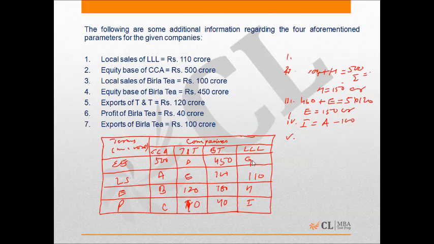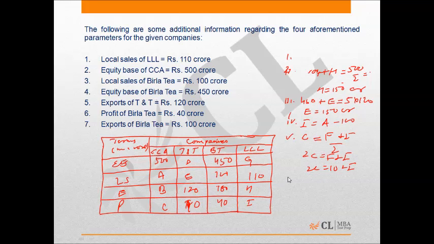Therefore, we have C equals (F plus I) by 2, 2C equals F plus I, and we know that F is equal to 10. Therefore, 2C is equal to 10 plus I.